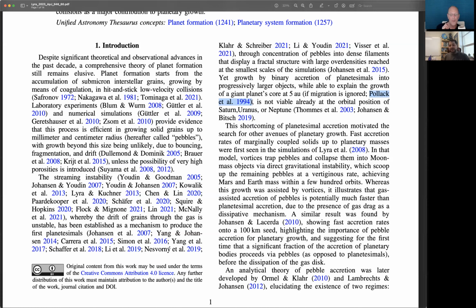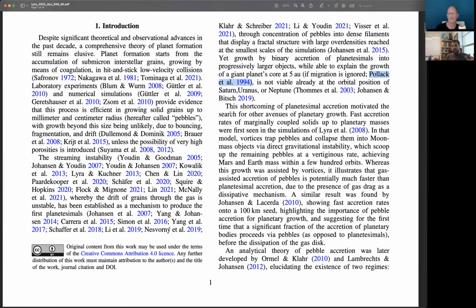So the gas drag makes the motion dissipative. And once the motion is dissipative, it's very easy to lose energy and then accrete.